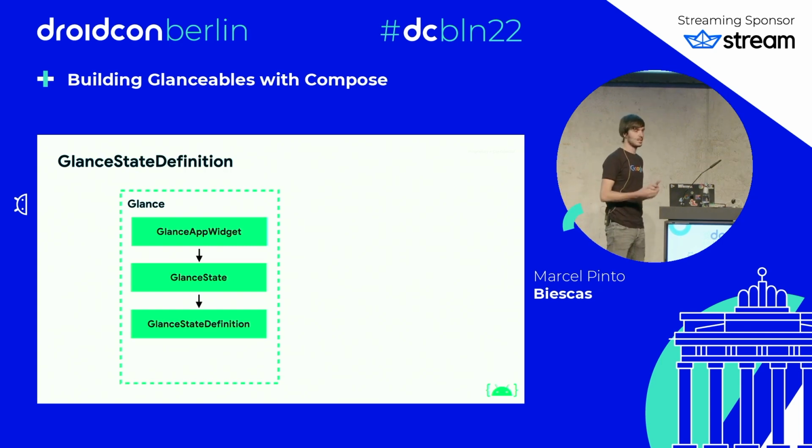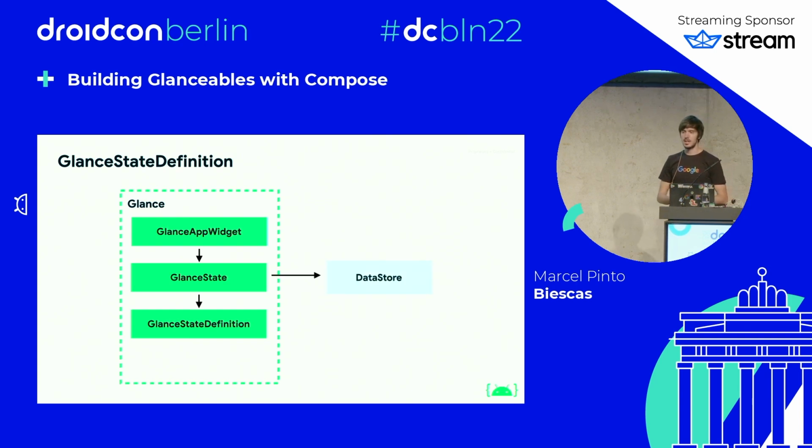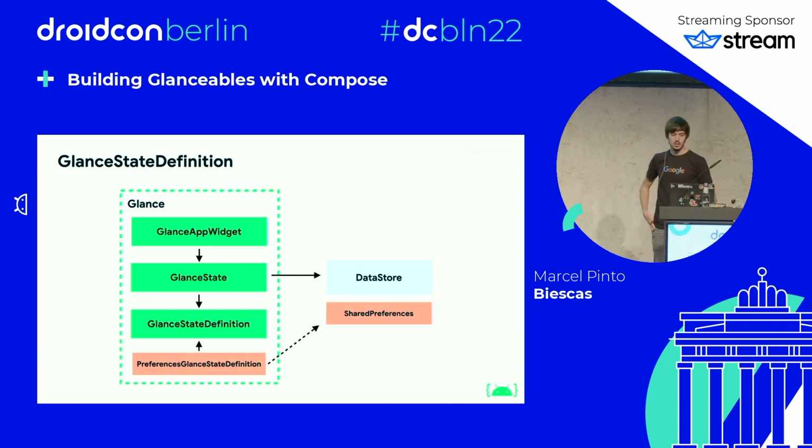So Glance makes that simple by storing onto disk and allowing you to retrieve this information at runtime whenever you create your UI. To do that, it relies on another Jetpack library called DataStore to make it easy to handle the writing and reading from disk. And by default, it uses a definition called PreferencesGlanceStateDefinition that will use shared preferences.